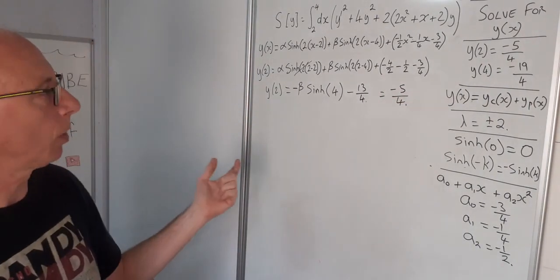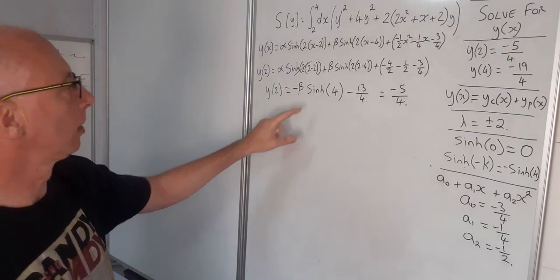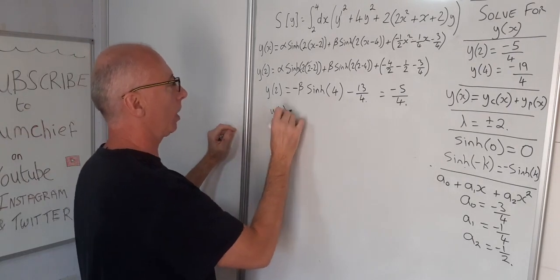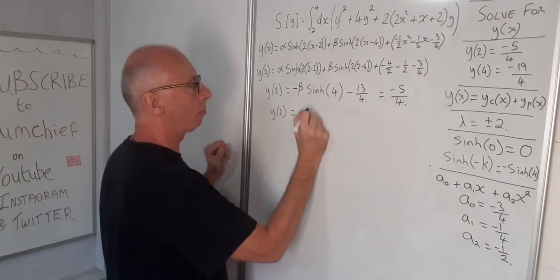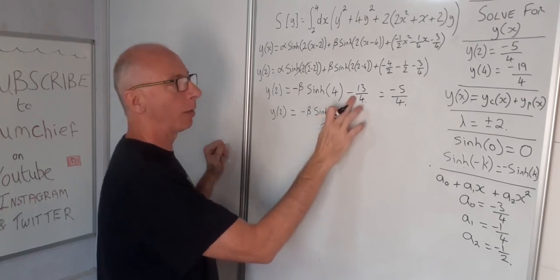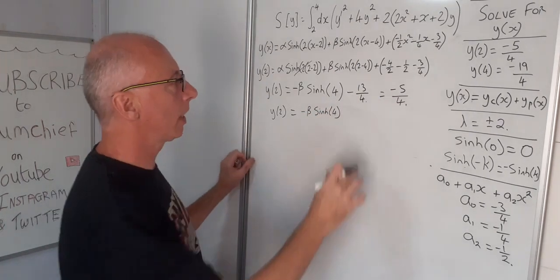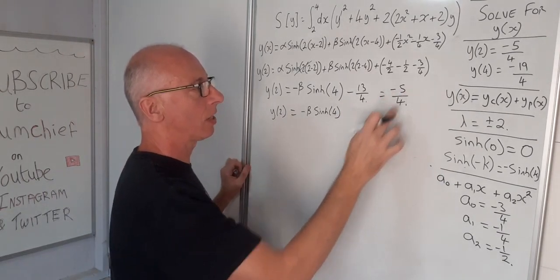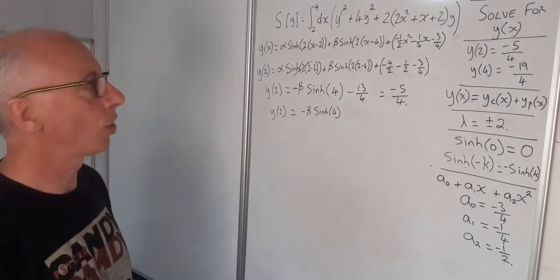Okay, so now we can solve for our beta. So we can say y of 2 equals, we're now left with minus beta sinh of 4. And now bring this onto the other side. So now we're going to add 13 over 4 to minus 5. So that's just going to leave us with 2.